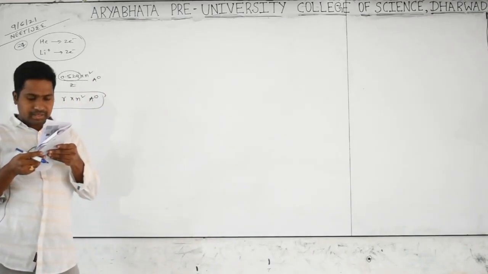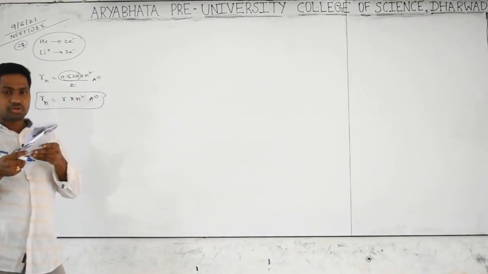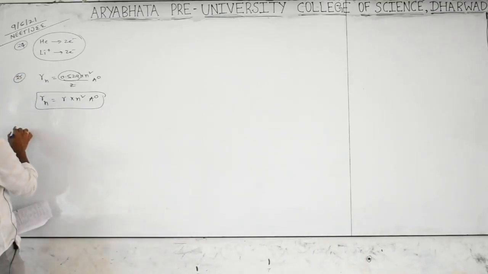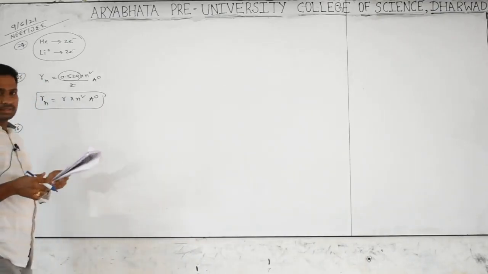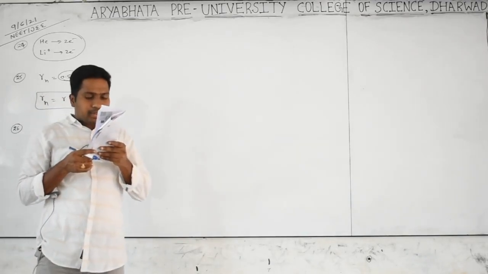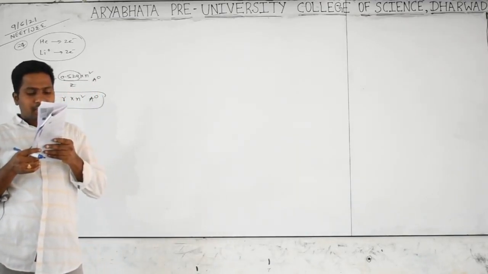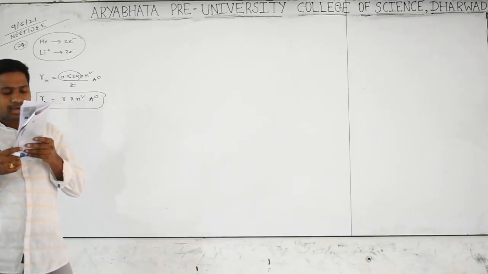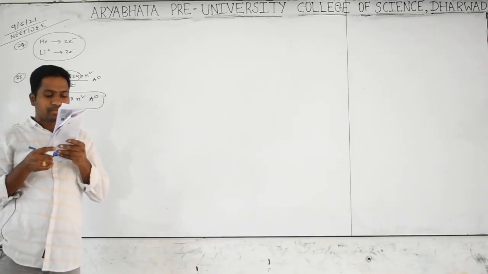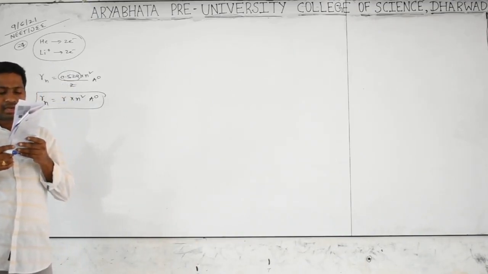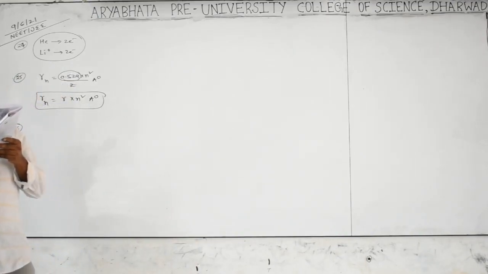Yes. Now we get one more thing, question number 26. See carefully. In hydrogen atom, the de Broglie wavelength of an electron in the second Bohr orbit will be, is a good question.